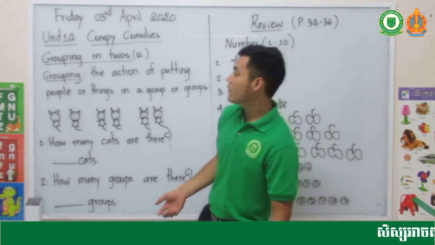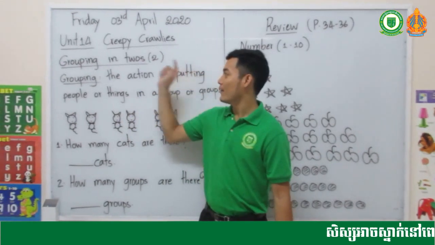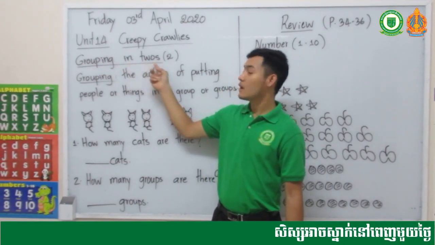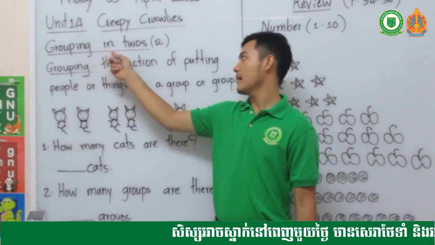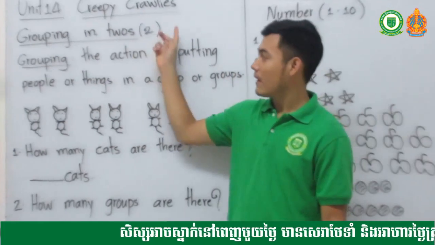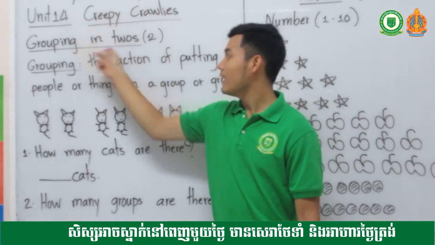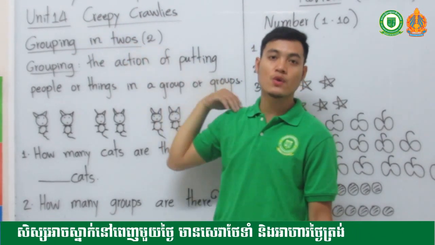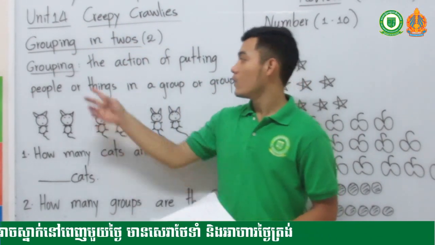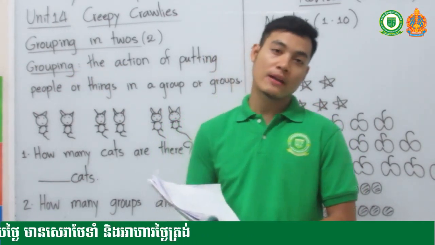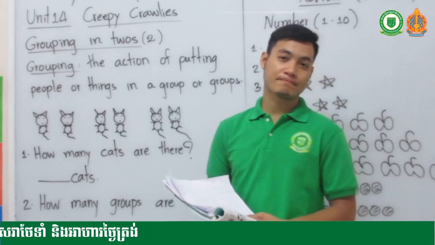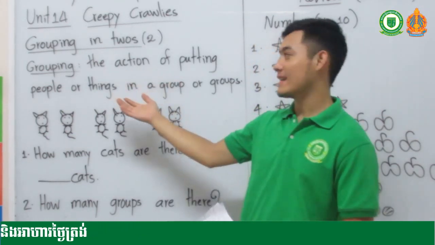What we really learn today is grouping in twos. But before learning grouping in twos, you should know the definition of the word grouping. Can you tell me the definition of the word grouping? What does it mean? Okay, now we learn it together.